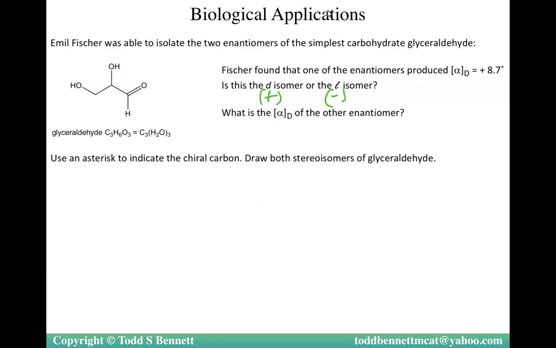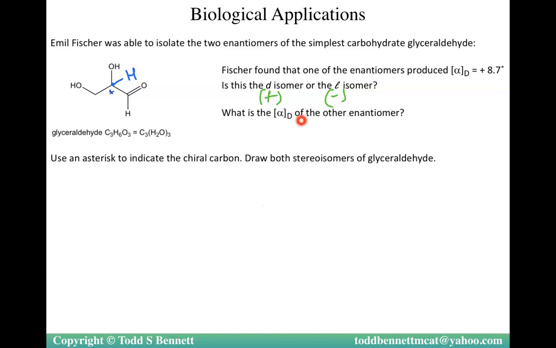Well, the fact that it says positive, and this is positive, means this chiral center right here, that's the one we're interested in. Just to make sure, we have an H not written in. We have an OH, we have CH2OH, and we have the aldehyde group. So we have 4 unique substituents attached to that carbon. So it is in fact a chiral center. And because it's positive, we call it small d. So d for dextrorotatory, or clockwise rotation of light.